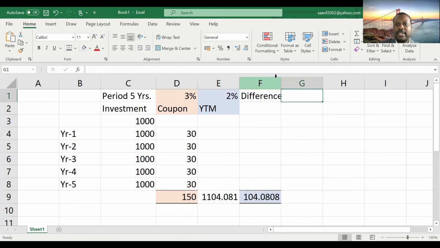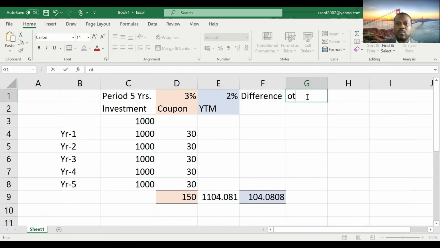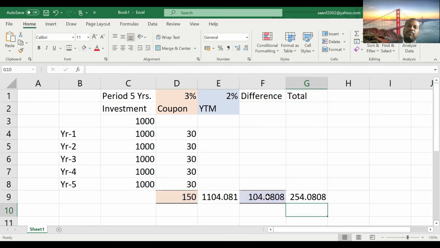So if we were to find the total return over the period under 1,000, it would be this plus this, and that's 254.